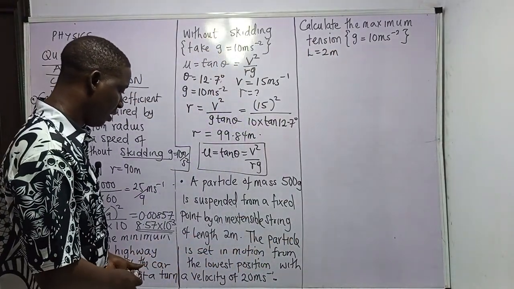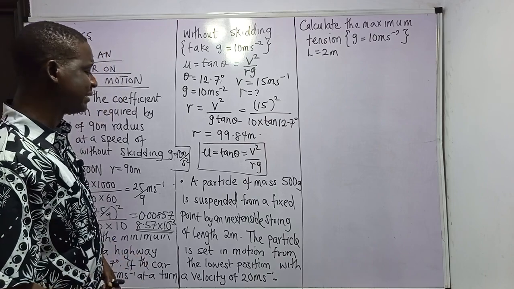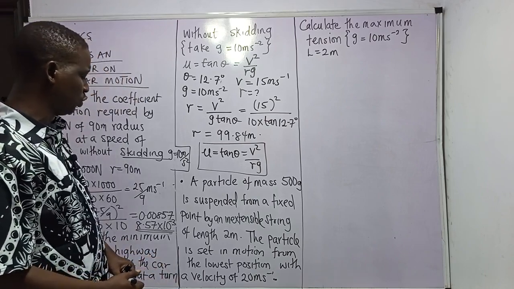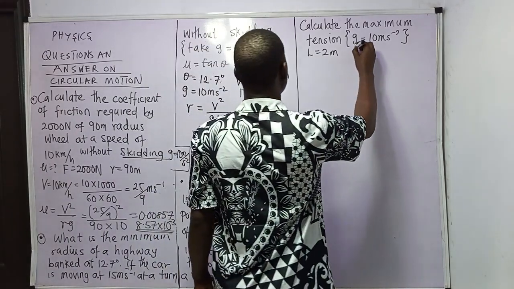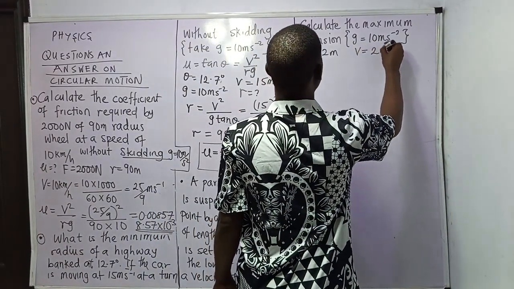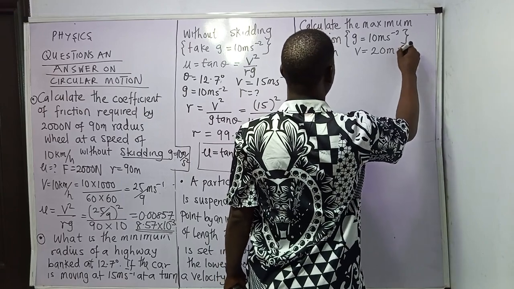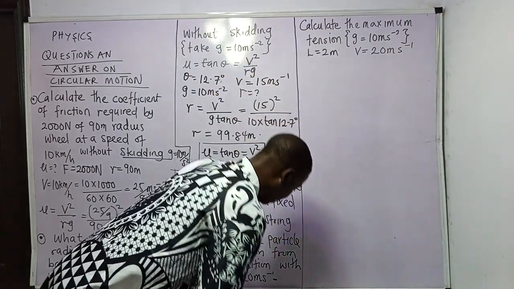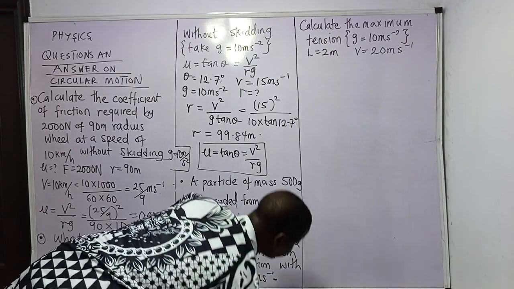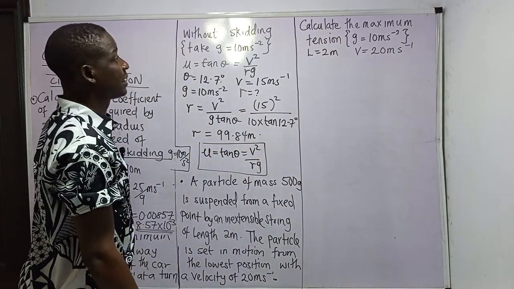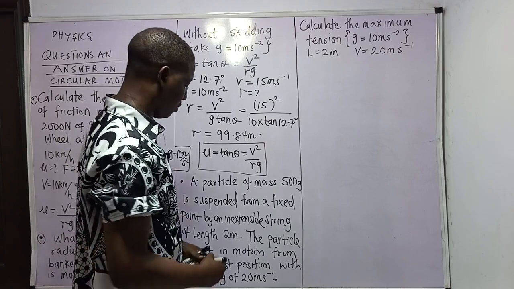Then the particle is set into motion from the lowest position with a velocity of 20 meter per second. The question says, calculate the maximum tension.